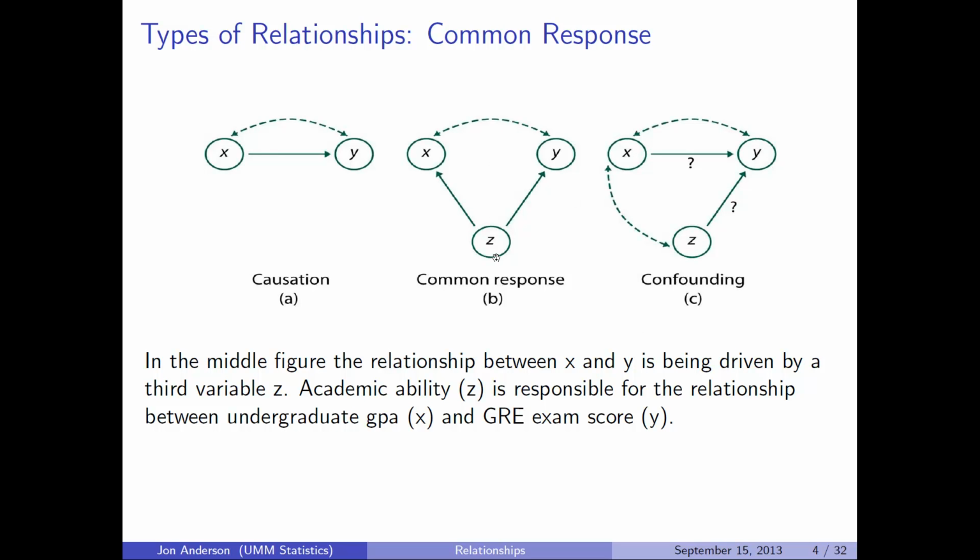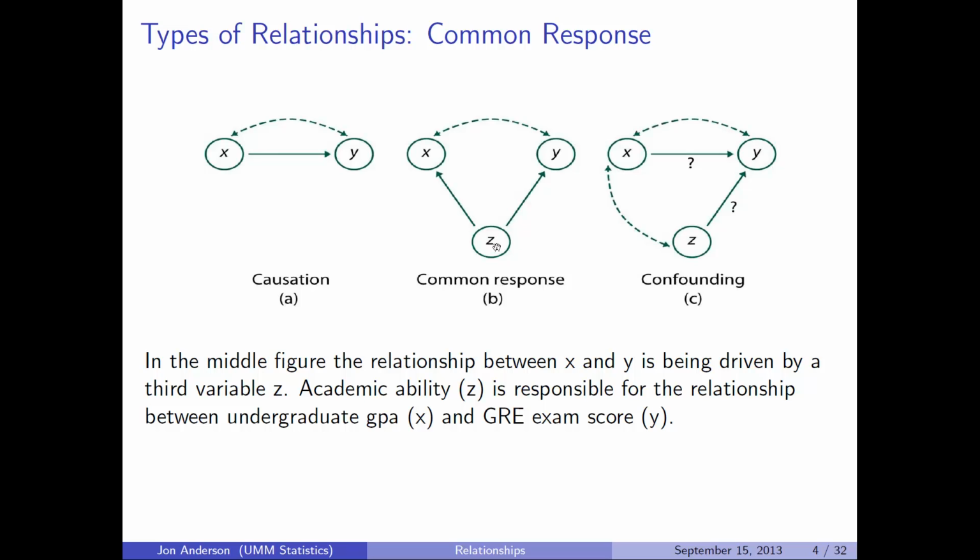The middle diagram of common response can be given by an example where academic ability Z can influence the undergraduate GPA X of students, and also influence their graduate record examination score for getting into graduate school.